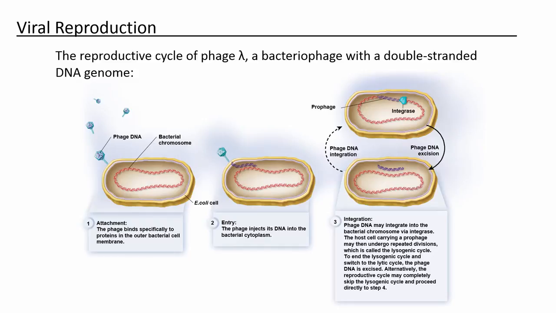So these would be cellular proteins of the bacterial cell that are embedded in the outer membrane of a bacteria, and the phage lambda tail fibers are going to bind to those proteins embedded in the outer cell membrane.